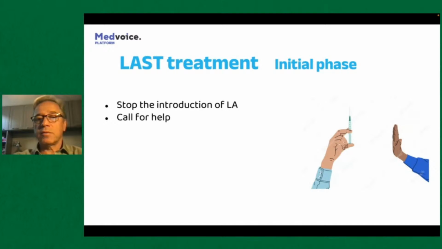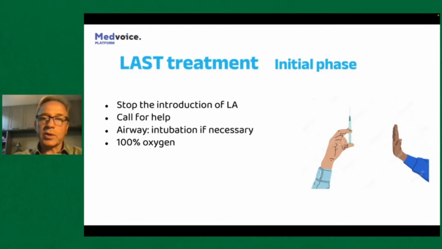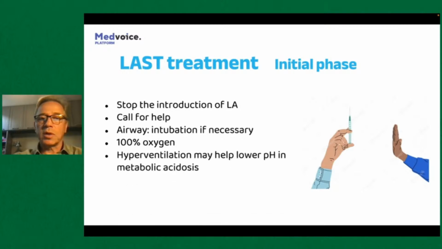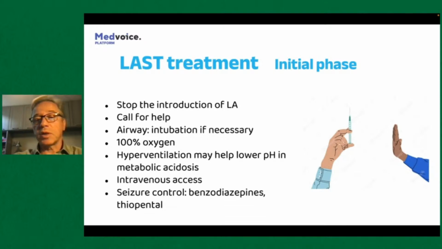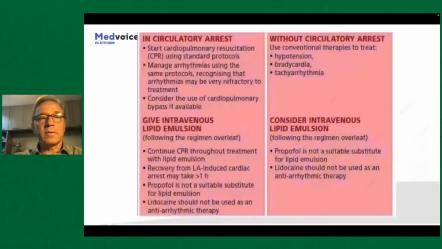What would you do? What's the initial phase? You would stop injecting the local anesthetic. You'd call for help. You'd provide airway support with intubation if necessary, 100% oxygen. Hyperventilation may help to raise pH in metabolic acidosis. You obviously will secure intravenous access, and you will try and control seizures using benzodiazepines or thiopentone.